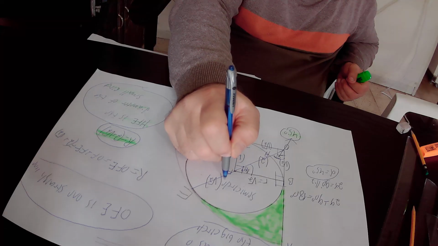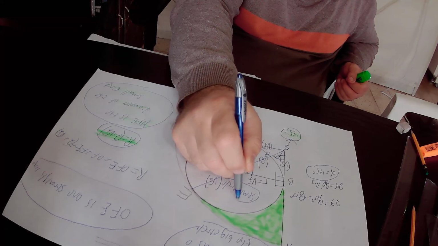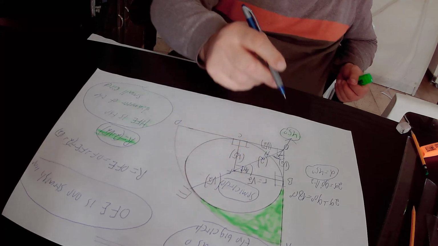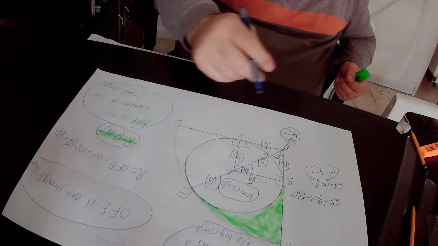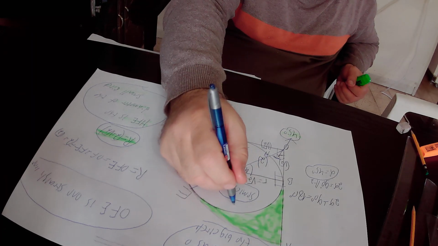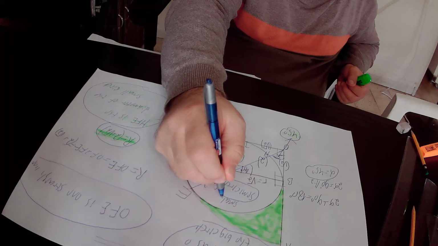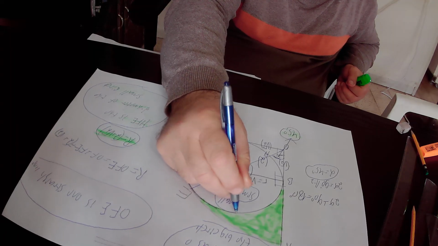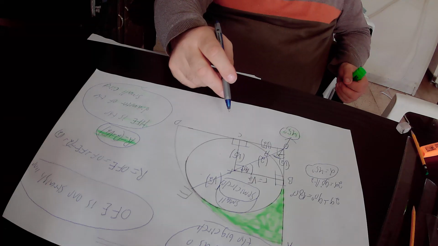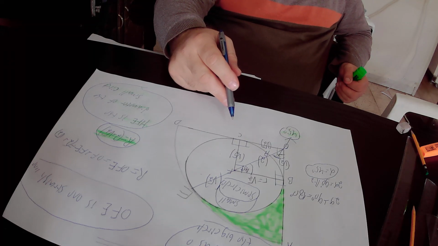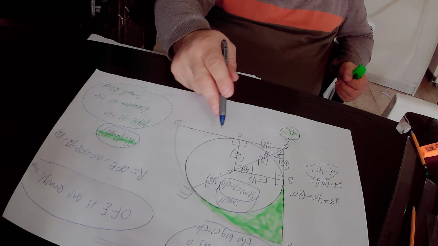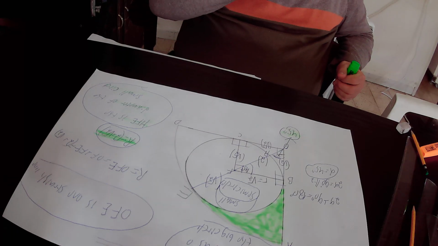We can say it is a small semicircle of the small circle. It is half of the small circle, therefore it is a small semicircle of the small circle. Okay?